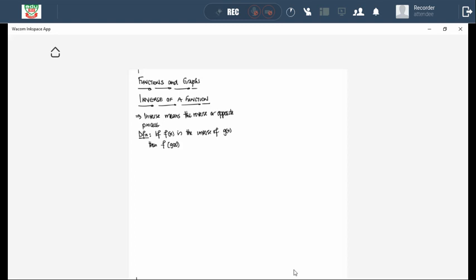Right. Now, if f is the inverse of g, then g nested into f of x should give us what? X. A nested or composite function is when you place one function into another function. Where there is x in f of x, I'm going to plug in the whole of g of x.